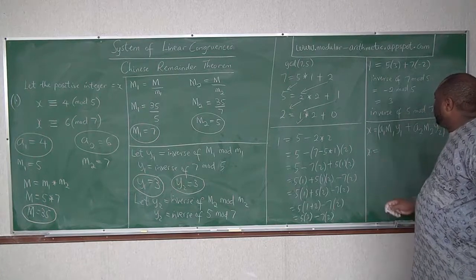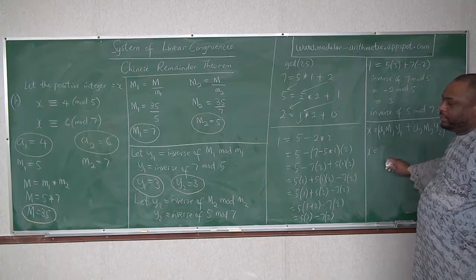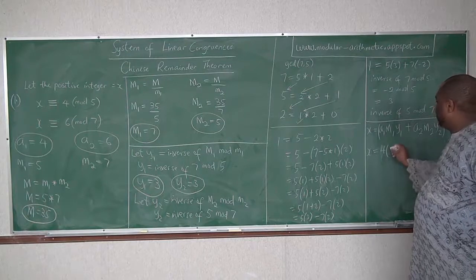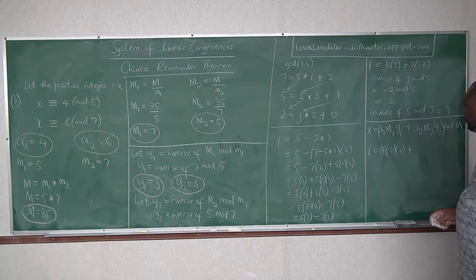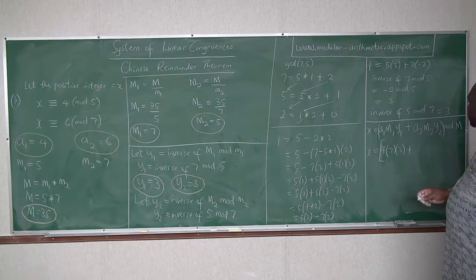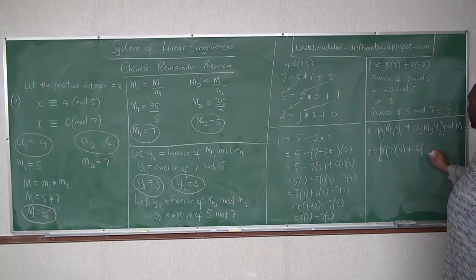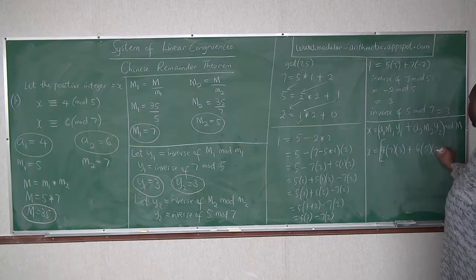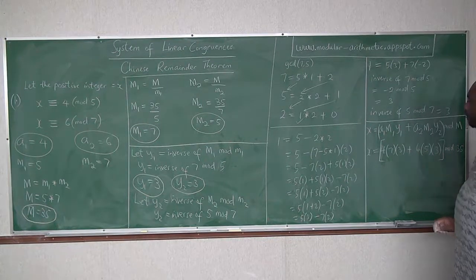Alright, so let's do it. x will be a1 is 4 times 7 times 3 plus, I'm going to use brackets here, a2 is 6 times 5 times 3. Close this, then mod 35.